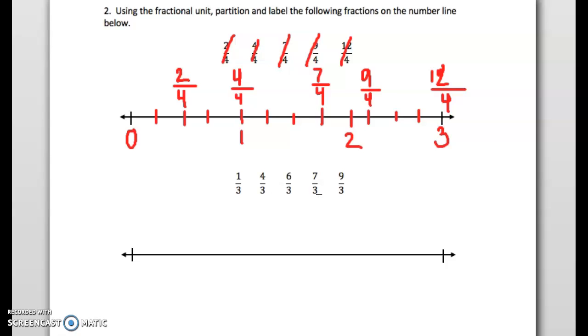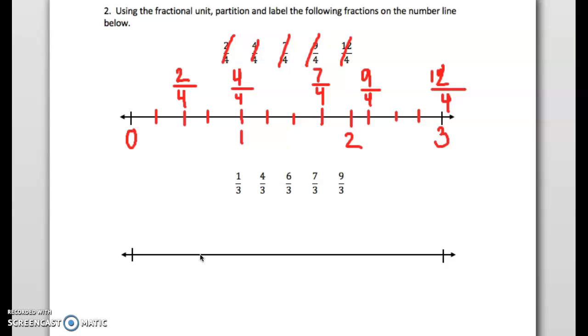I want you to label the missing endpoints along with the missing whole numbers, if any, and then count upwards beginning with 0, 0 thirds, and label each of the following fractions. Once you have your answers, unpause the video and we will go over them together.